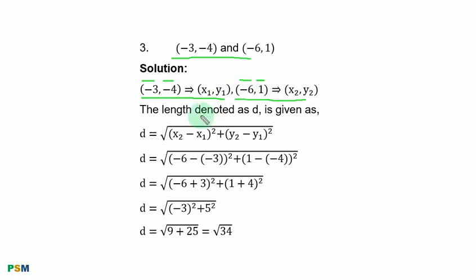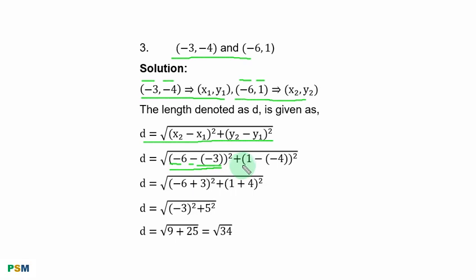The length denoted as D is given as D equal to this. So this is S2 minus. Because S1 is negative, you put it in a bracket. You close the outer bracket and you square everything.